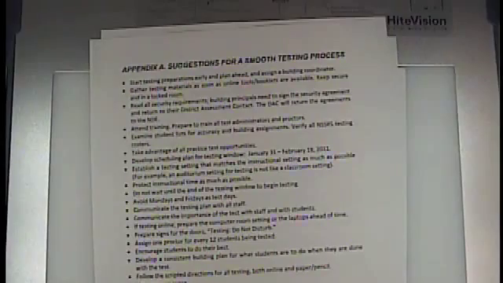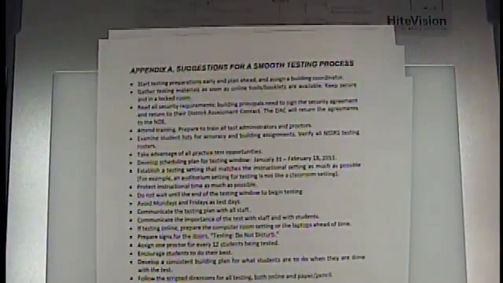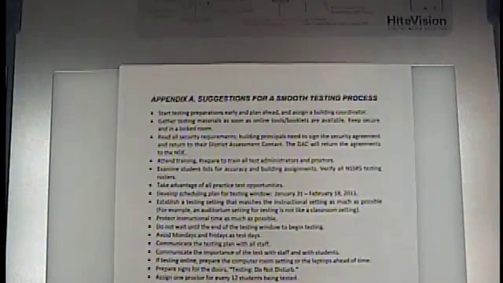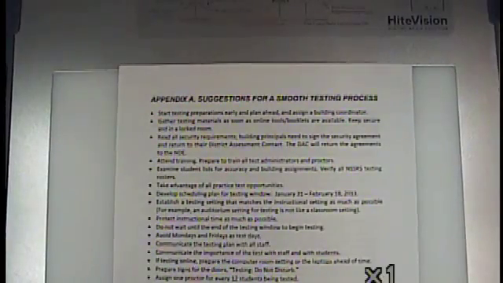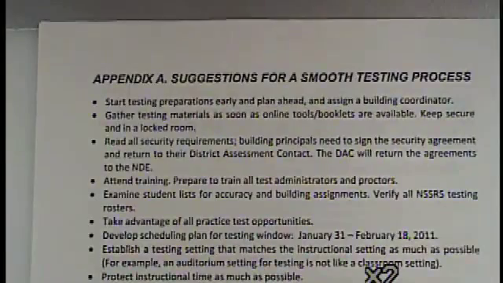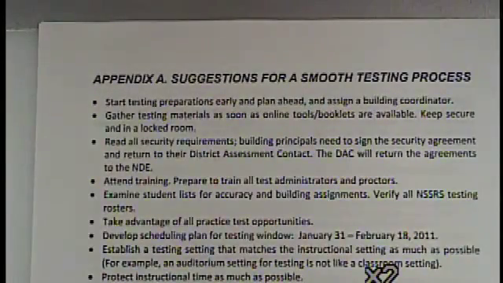One other thing that I really want to draw your attention to in this manual, if you would go clear back to page 46. On page 46, let me stack these a little neater. On page 46 are suggestions for a smooth testing process.